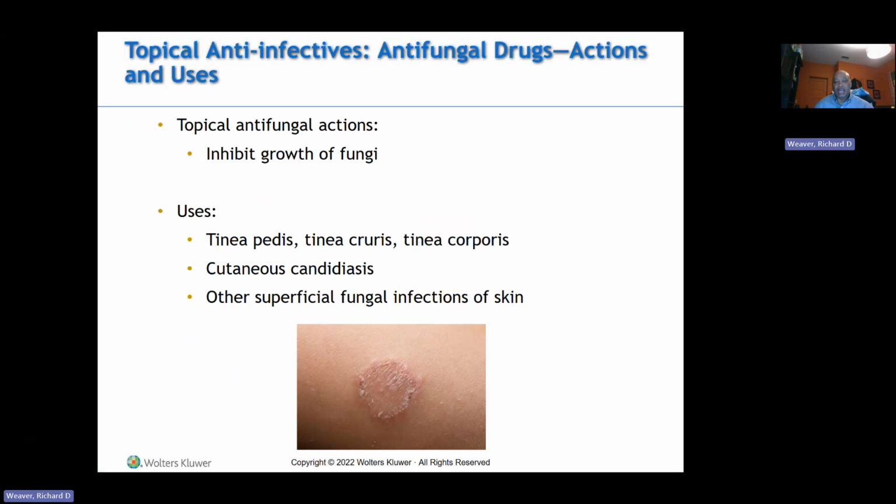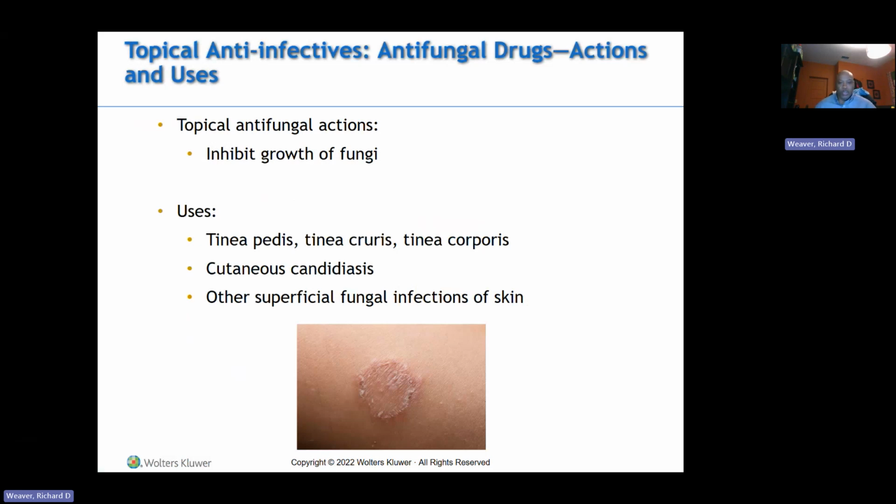In hot and humid climates, a generalized fungal infection called tinea versicolor is very bothersome. Your antifungal drugs exert a local effect by inhibiting the growth of fungi. So these drugs prevent the growth, the multiplication, if you will, of the fungal organism.